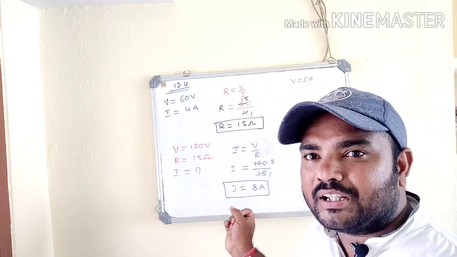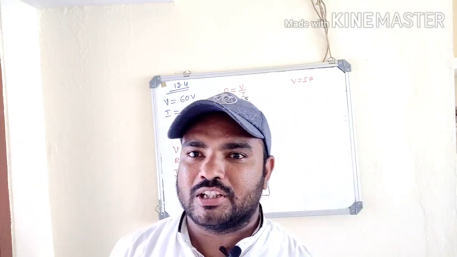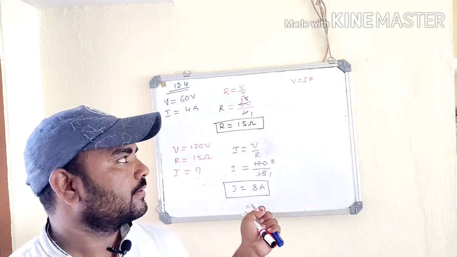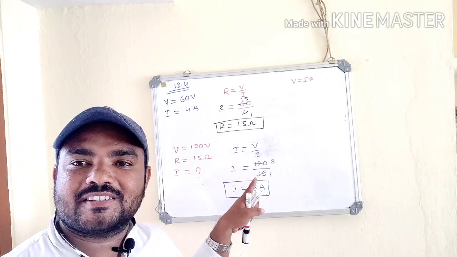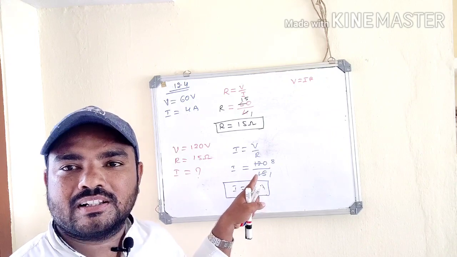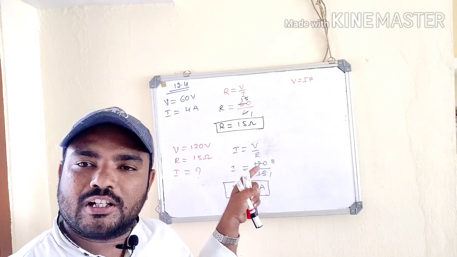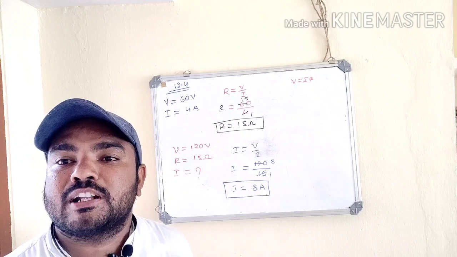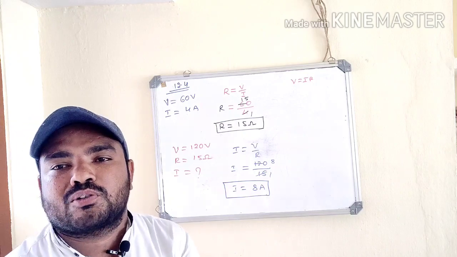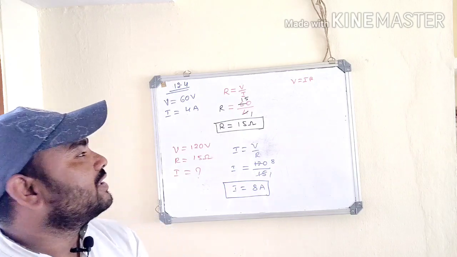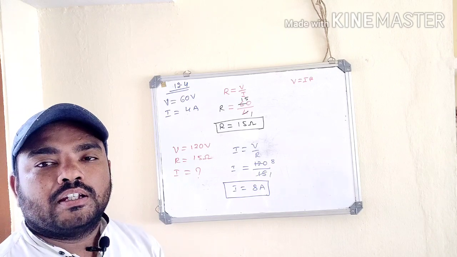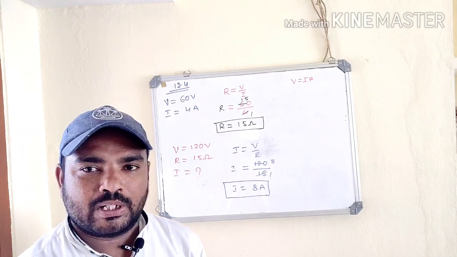So this is how we need to analyze Ohm's law with the numerical. The potential difference across the terminals is directly proportional to the current flowing through that conductor, provided the temperature remains constant. That is what Ohm's law says. I hope this numerical is also clear. Any doubt, you can comment in the comment box, children.